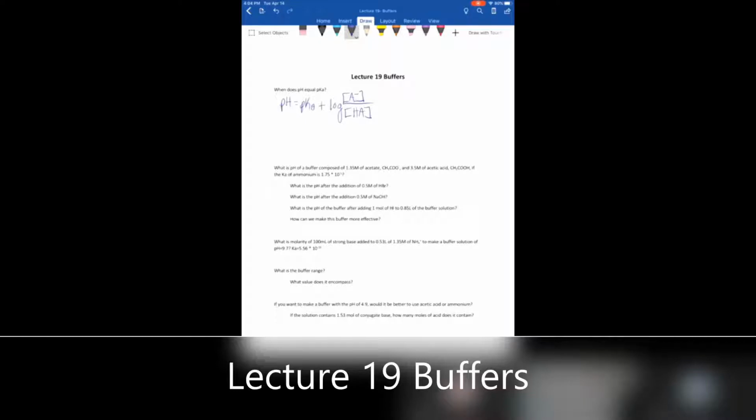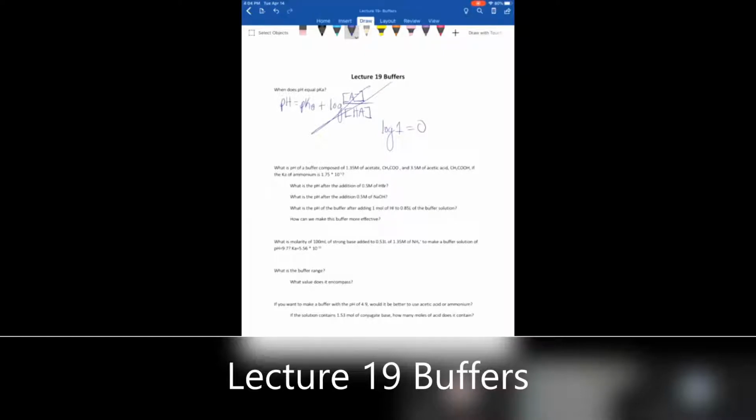In order for pKa to equal pH, this log term would have to go to 0, and log of 1 equals 0. So the only way to get A minus over HA to equal 1 is for them to be equal, because a number divided by itself is 1. That's how that math works out, just in case you were wondering.